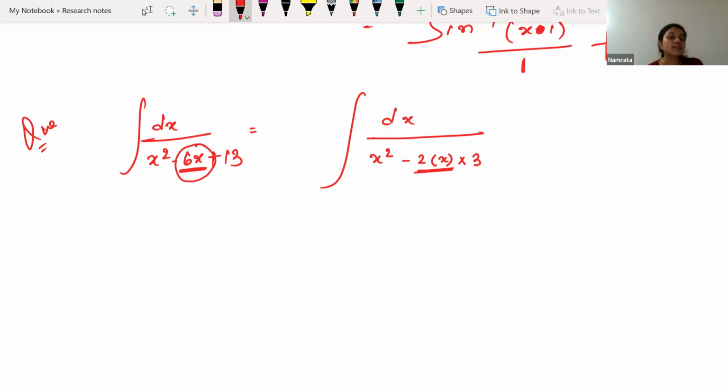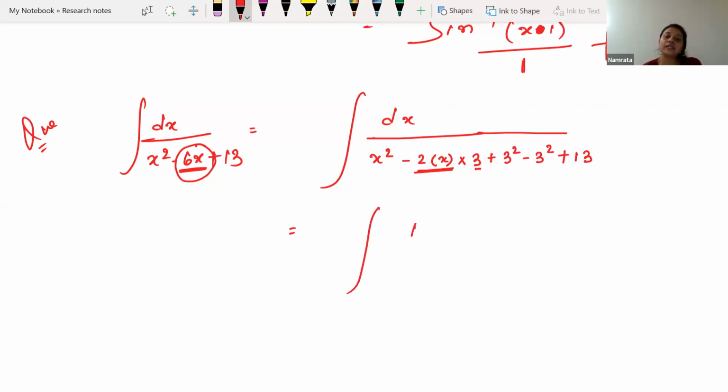If you are doing it like that, then it will be very simple to break it down. Now what is your b? 3. So now b square is also required. Now all of a sudden we cannot add plus 3 square. Okay, we have to maintain the balance, so we have to subtract 3 square also. Plus 13 I am going to write as it is.